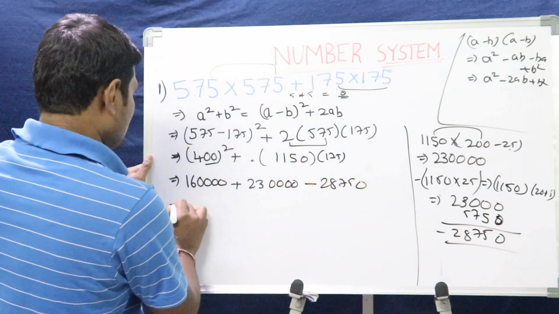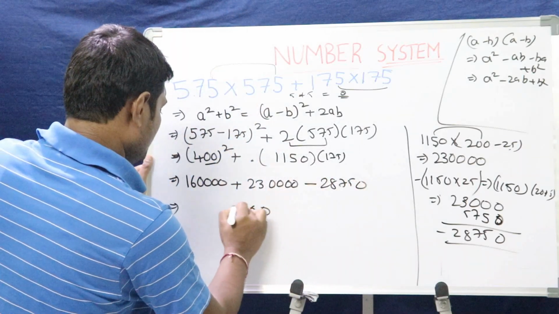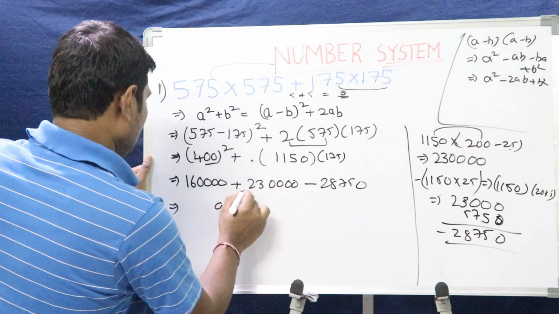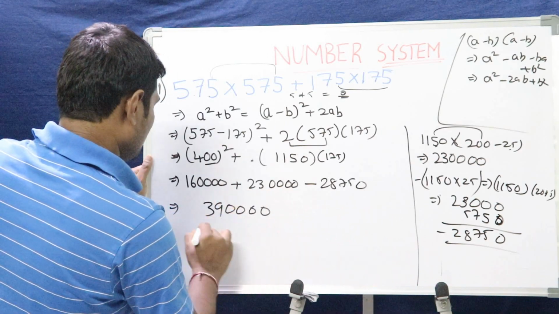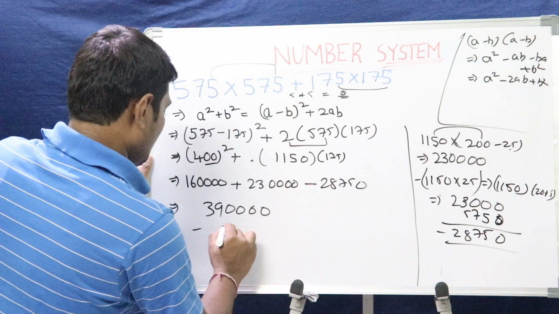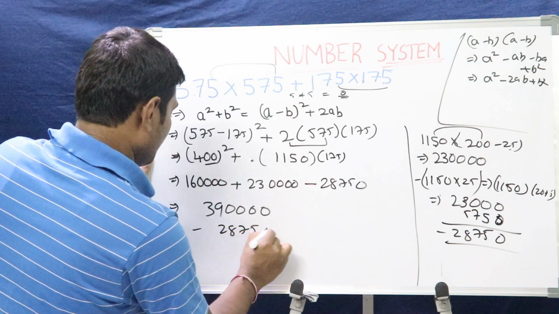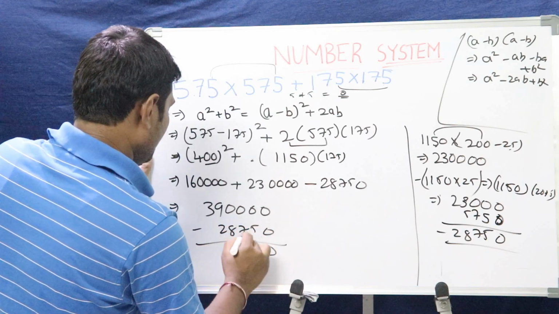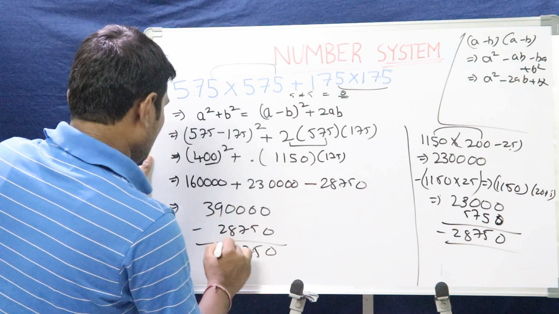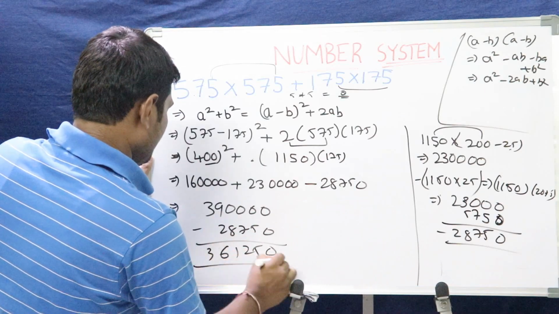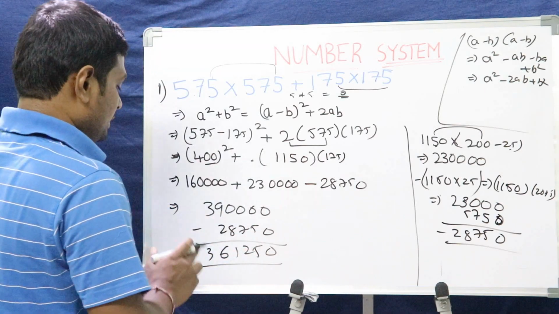Let's add and subtract. 4 zeros, 3 6s are 9, 2 1s are 3, so 39 with 4 zeros, and then we subtract 28,750. This is 361,250.